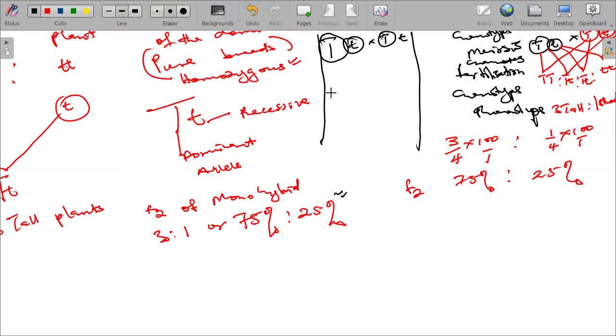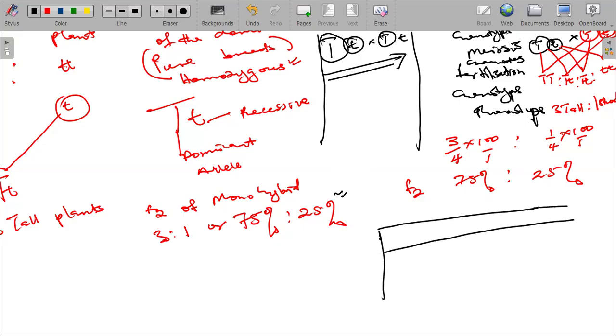With a Punnett square, we take our gametes from this point and draw a diagram which we use to calculate what we want.